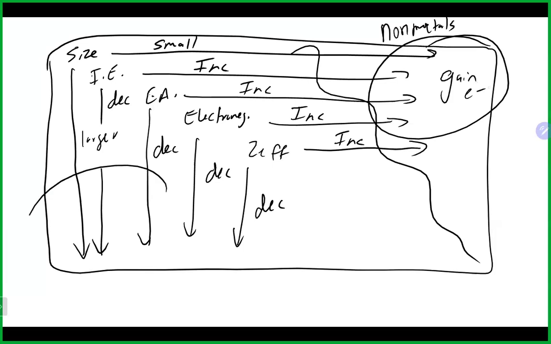Now, if you go bottom left of the periodic table, you have all the opposite trends. You have size that's really large, which means our outer electrons are further away from the nucleus, not held as tightly. Lower ionization energy, doesn't take a lot for them to lose electrons. They have really low electron affinity and electronegativity, which means they're not really interested in gaining electrons.